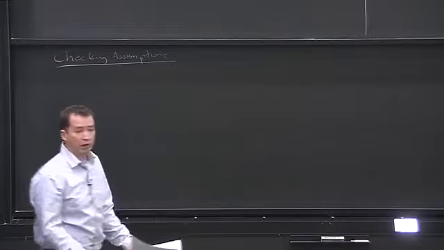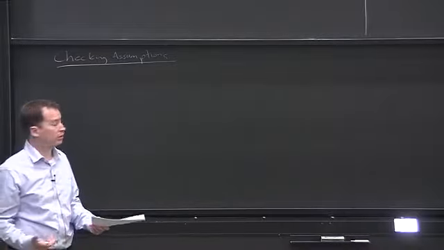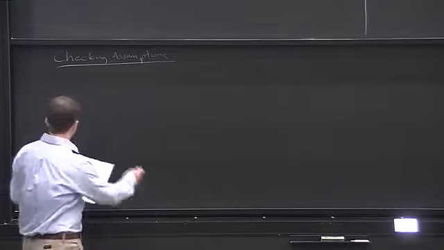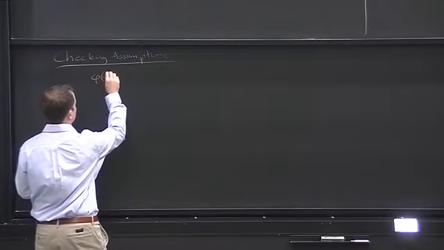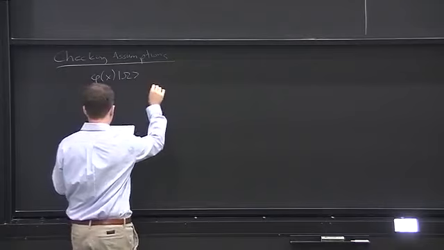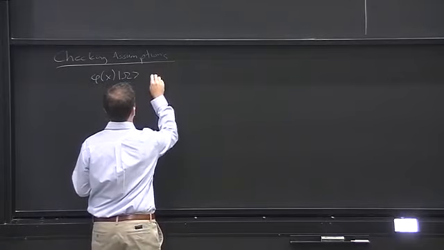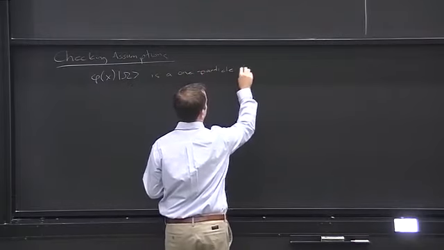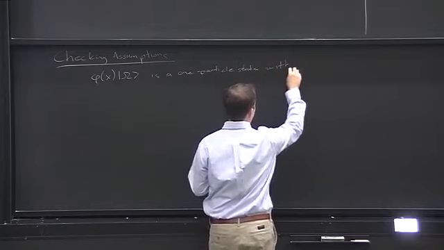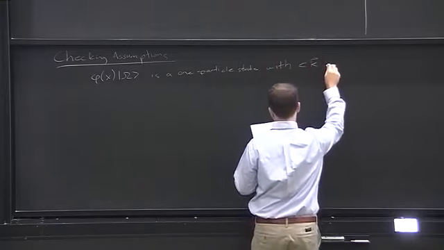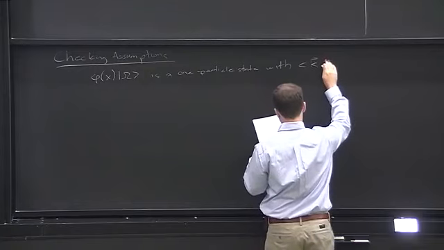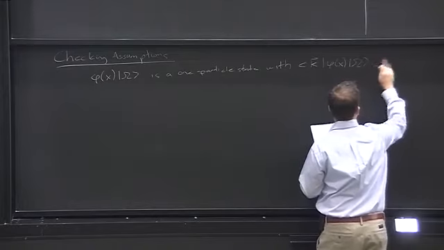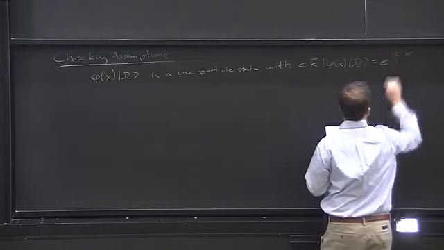We assumed that phi acting on the vacuum, on omega, was a one-particle state, with a particular form factor, a particular overlap with the momentum eigenstates.